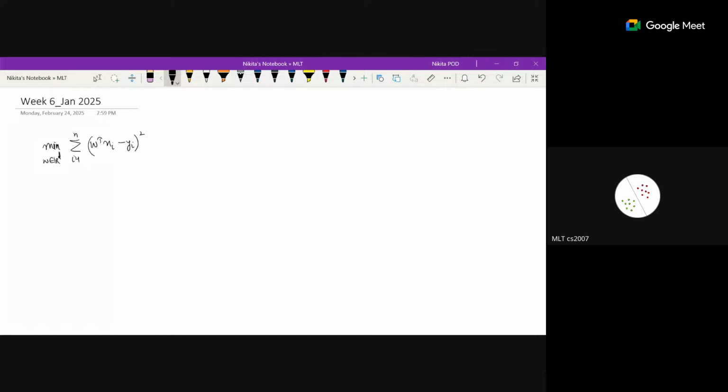We were able to write it equivalently in terms of matrices as the norm of X transpose W minus Y whole square. Okay. So this is our goal in the linear regression problem.